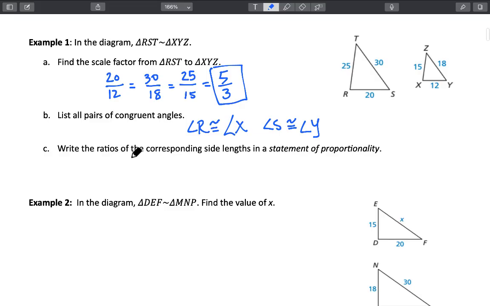Finally, we want to write the ratios with the corresponding side lengths in the statement of proportionality. So what does this statement of proportionality mean? It simply means we are going to replace the letters of these ratios up here.